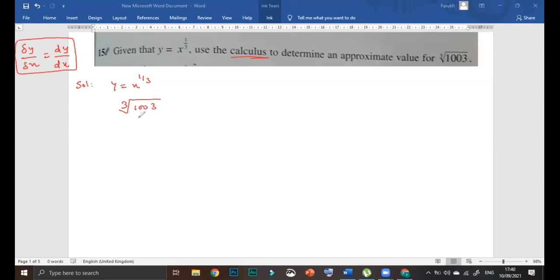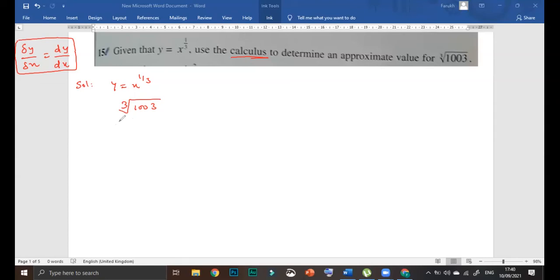Now Muaz, think about a number which is very close to 1003 and which will give an exact cube root. Sir, 1000, sir. Yes, 1000.